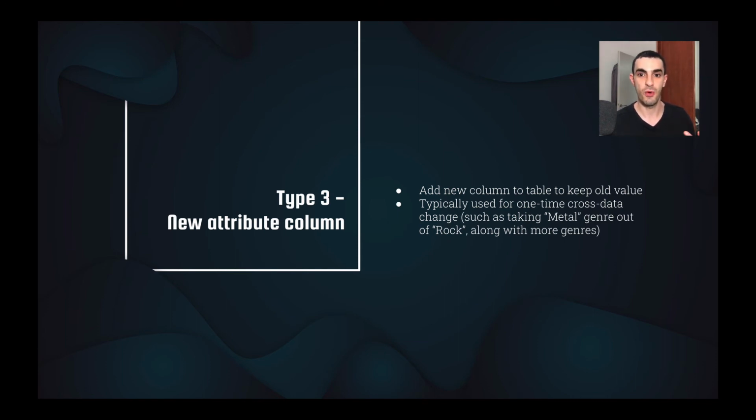Typically this is used for a one-time cross-data change, not something that we expect to change again, so we don't need to add new rows or track history like we do in type 2. Of course, it does not scale. You can't add more and more columns for every change. Just if you know you have a cross-data change and you want to keep the original, that's what you do.